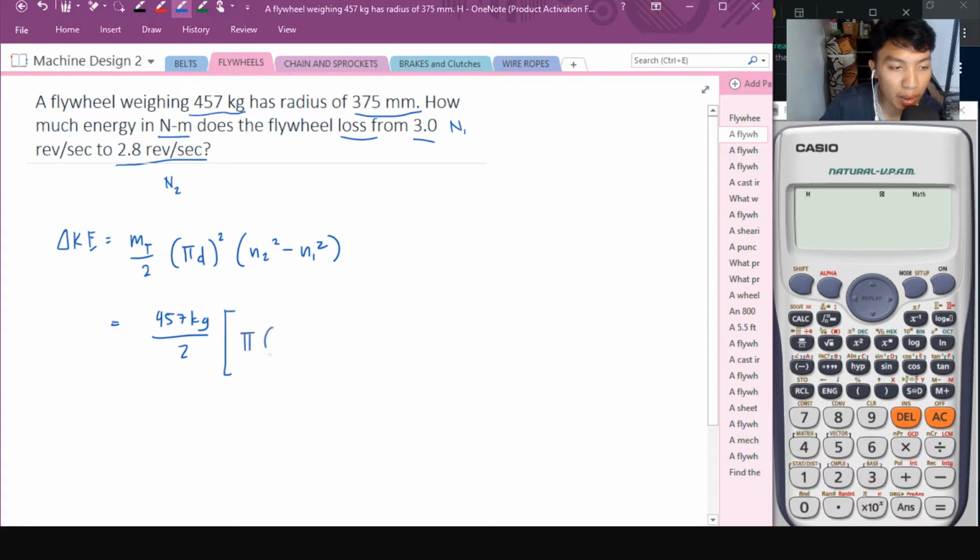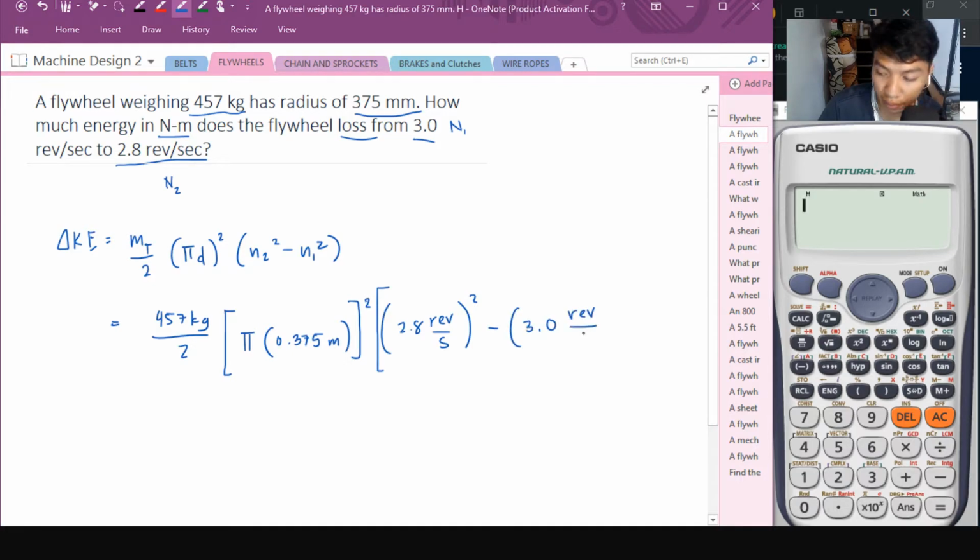So, pi multiplied to D, mean diameter, so 0.375, dinivide ko na ng 1,000 meter. Square ko yung kanilang value, parehas. Multiplied to N. Yung N1 is 3, mas malaki yung N2. So, 2.8 revolutions per second squared minus 3.0 revolutions every second. Square the value.